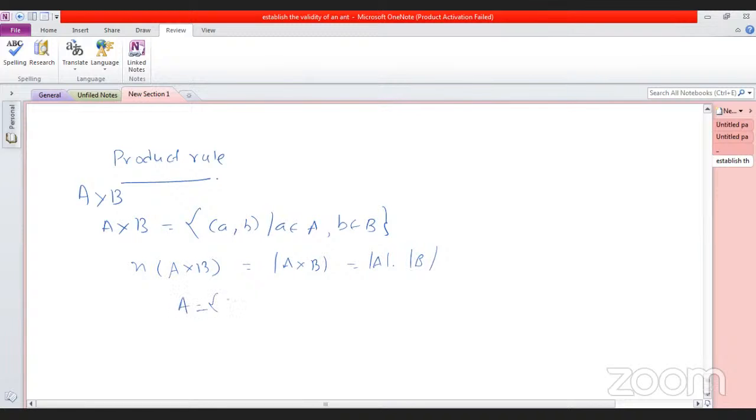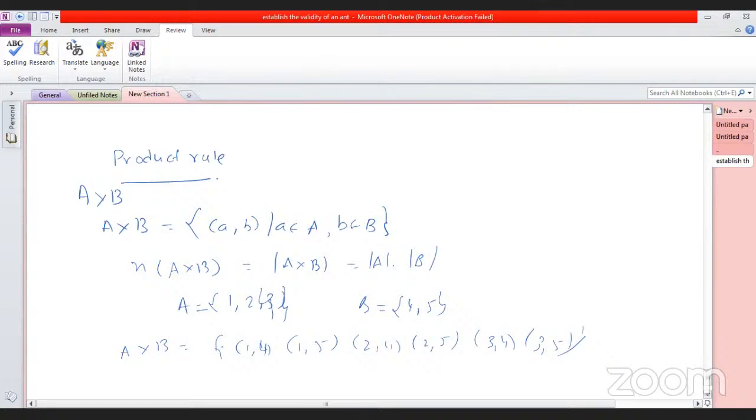A is equal to {1, 2, 3} and B is equal to {4, 5} we are taking here. A cross B is equal to (1,4), (1,5), (2,4), (2,5), (3,4), (3,5) we are writing here.